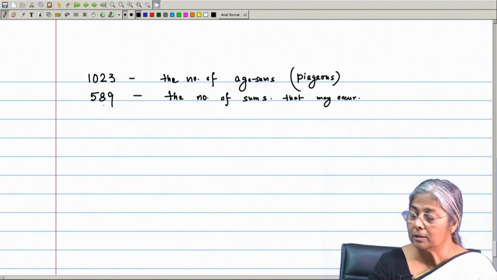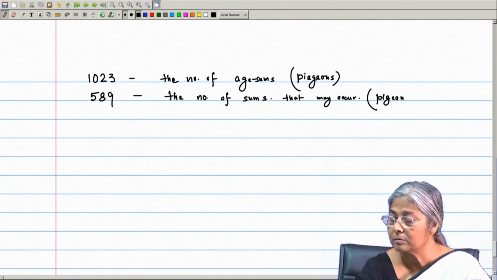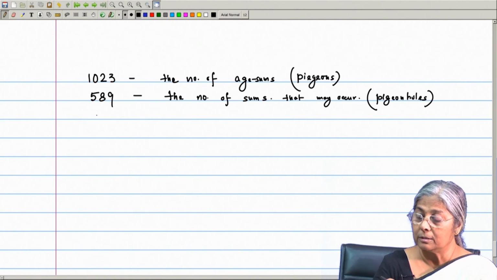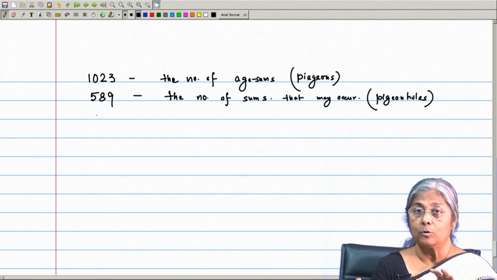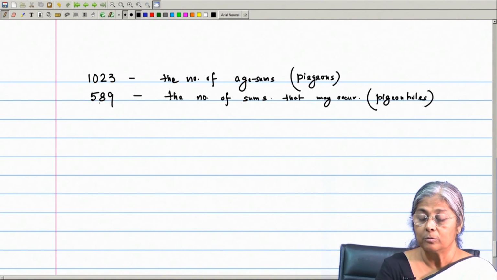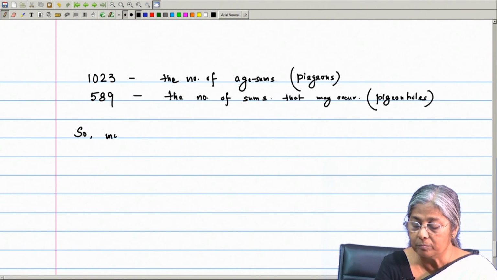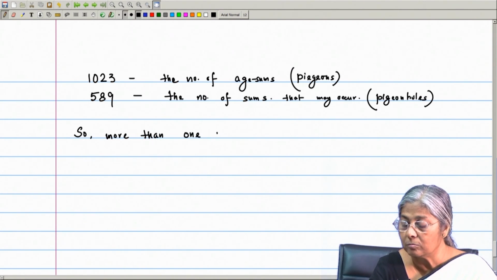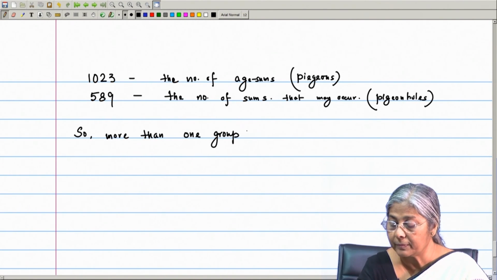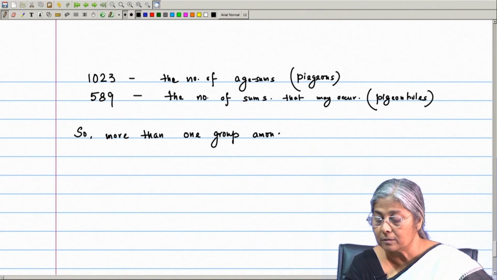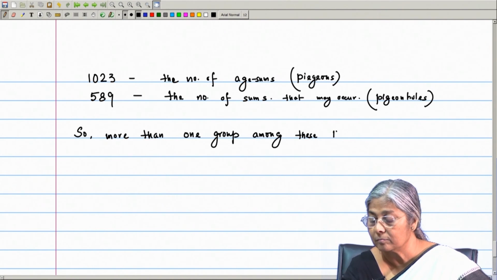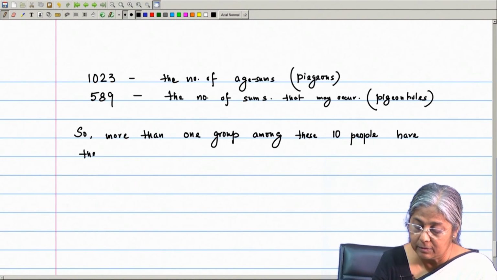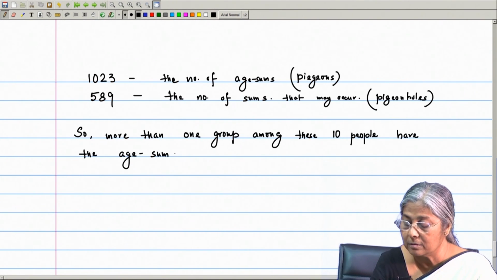These are treated as the pigeonholes. So, among these 1023 groups, more than one group, since 589 is less than 1023, among these 10 people have the age sums equal.